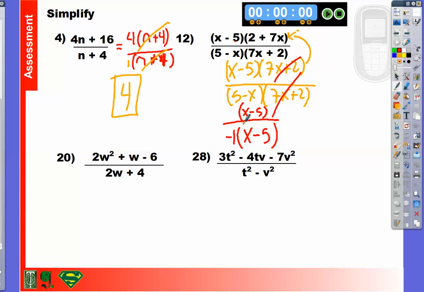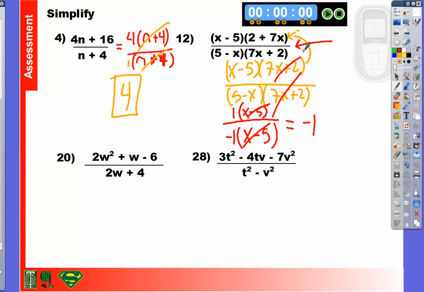I can cancel them out. x minus 5 divided by x minus 5 is 1. So I have 1 over negative 1. 1 over negative 1, in fact, equals negative 1. So this whole ugly, nasty thing simply is just negative 1.